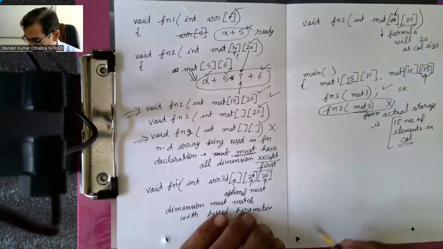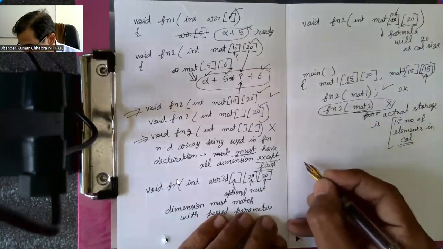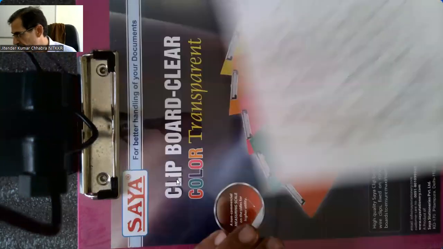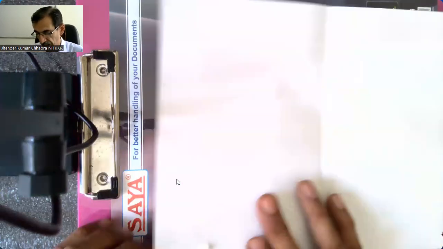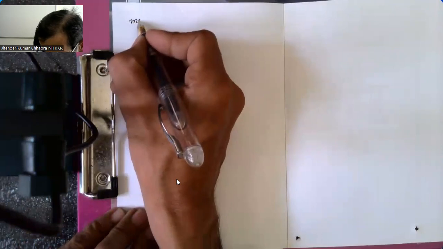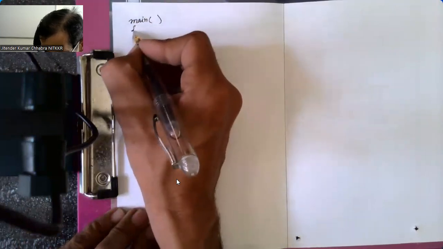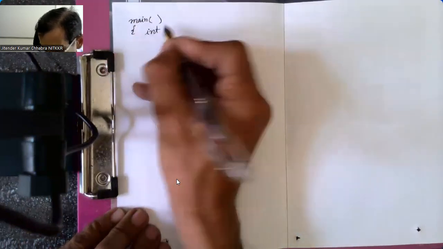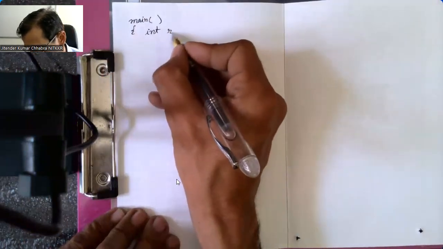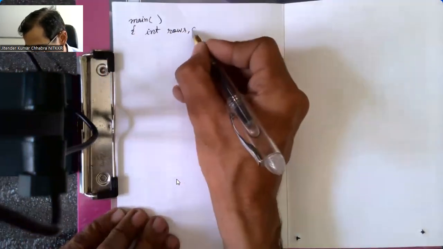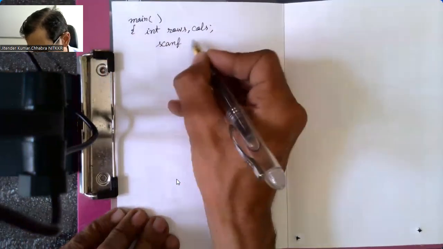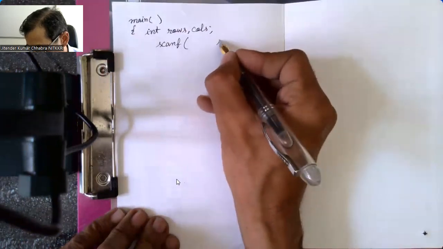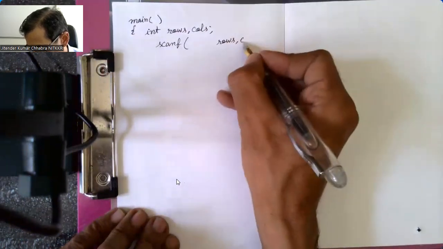A connected concept is that some of you have a habit of programming by declaring an array based on variables. Say you wanted a 2D array or 2D matrix: you will declare int rows, columns, do scanf, and read your rows and columns with proper syntax.